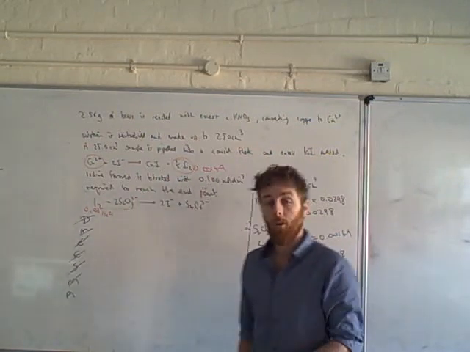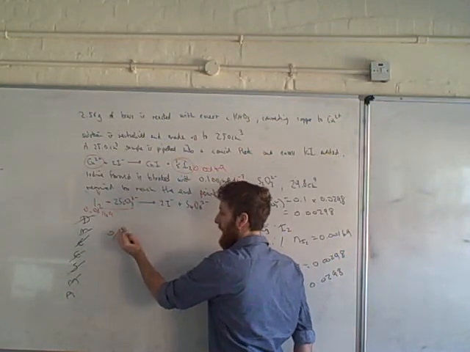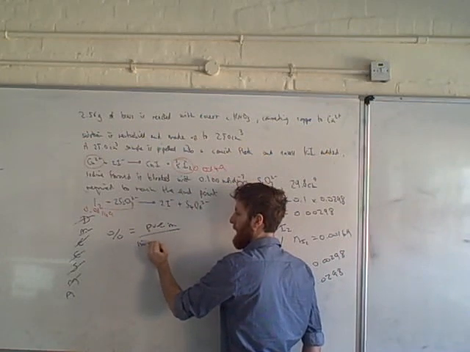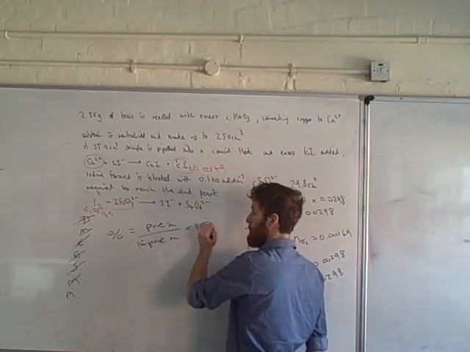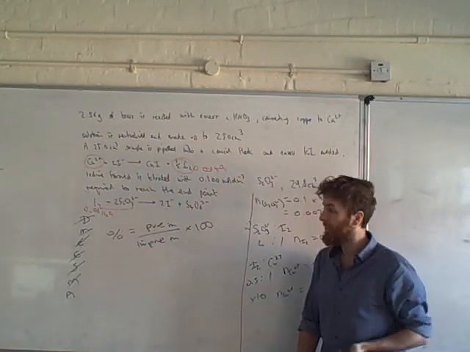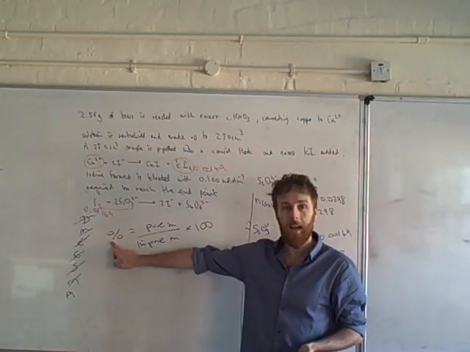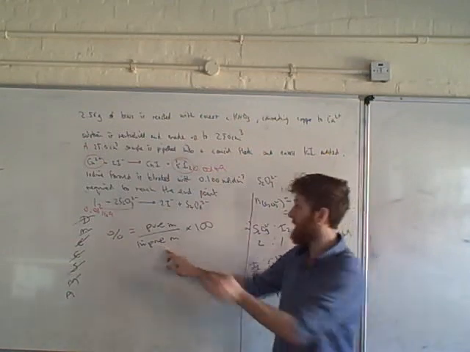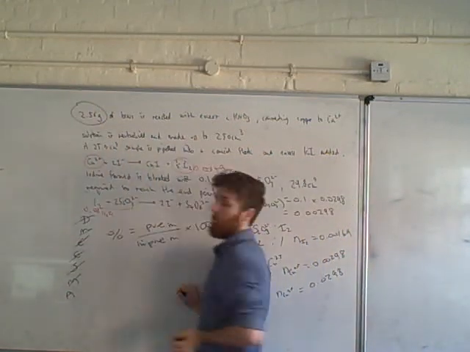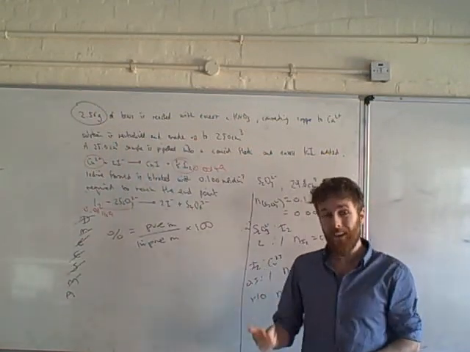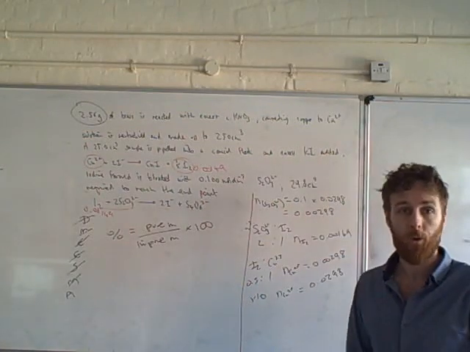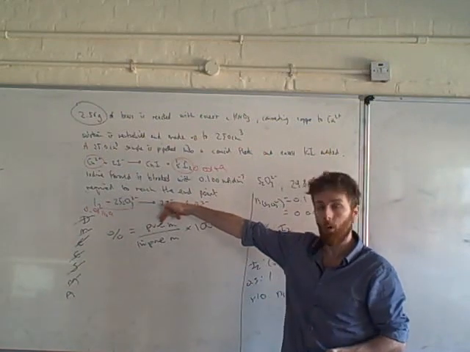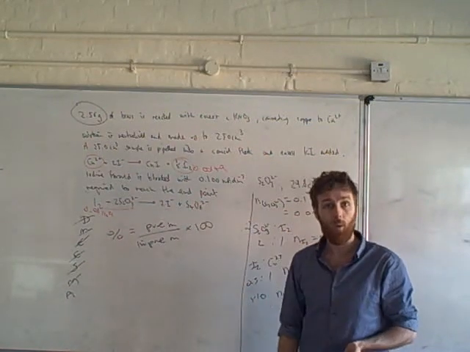So the equation for percentage purity or percentage mass is pure mass over impure mass times 100. So if the question's asking you to find the percentage mass, you're always going to be given the impure mass. Always. Look, it's here. It's giving you the impure mass. So what it's really asking, if it's asking for percentage purity or percentage mass, is it's asking, find the pure mass and then bang it in this equation.